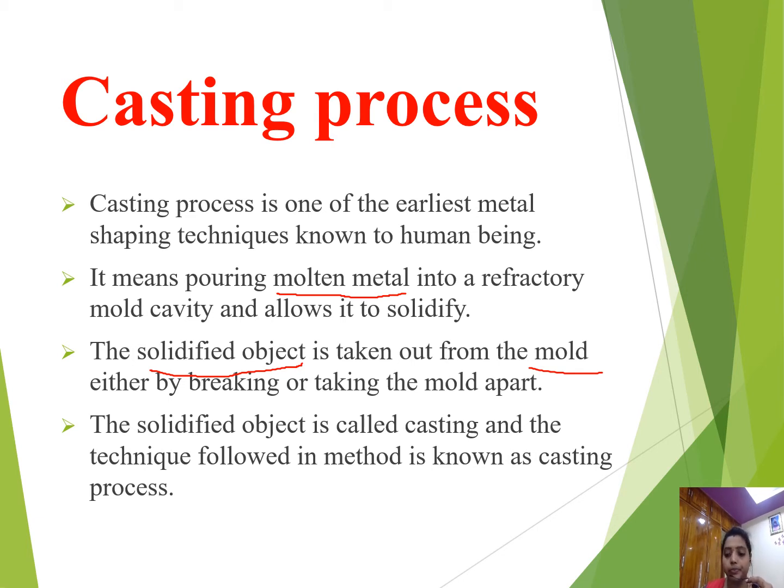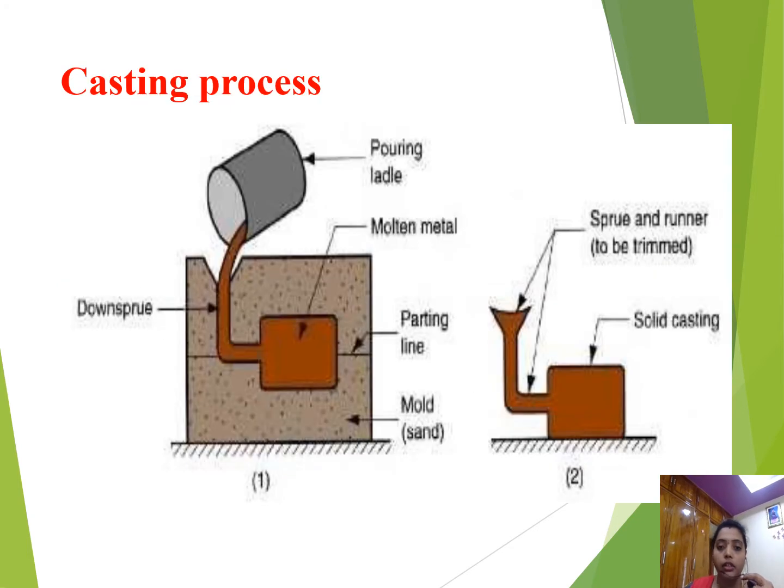Okay, here we will see clearly one by one. Here the whole casting process is shown in diagrammatic form. First of all, we will see what the main parts are. This vertical one is known as the sprue, and this V shape is known as the pouring basin.